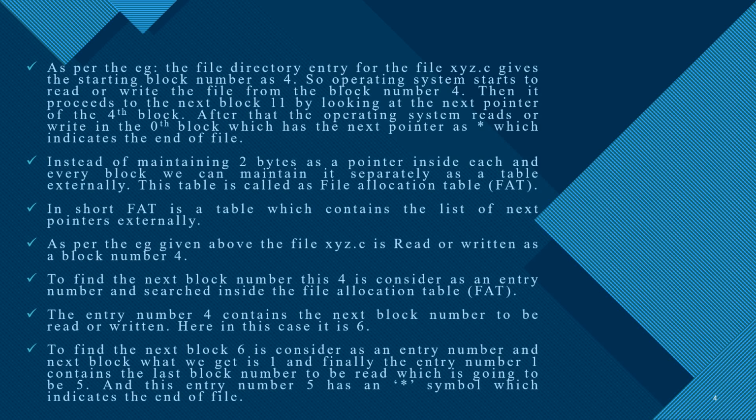Block 4 is an entry number. From block 4, it points to the address of the next block, which we already saw is 11. After that, it refers to some other blocks. Finally, if it reaches the asterisk symbol, it indicates the end of the file, and there is no need for any further reference.